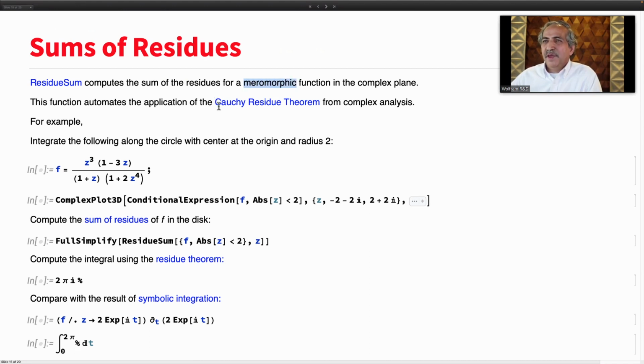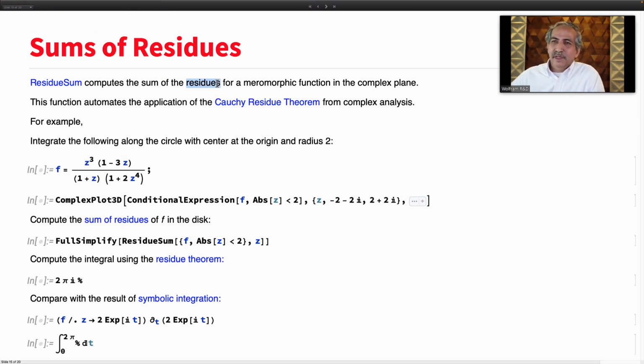And there's a famous theorem in complex analysis called the Cauchy residue theorem, which will let you compute integrals of complex functions along curves in the complex plane. And the key to that is to compute the sum of what are called residues. So ResidueSum in the new release will compute the sum of the residues. What's a residue? Well, it's the first term, the first bad term in the series expansion of a meromorphic function.